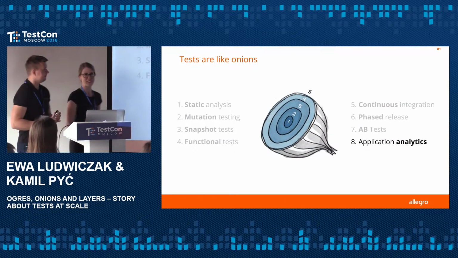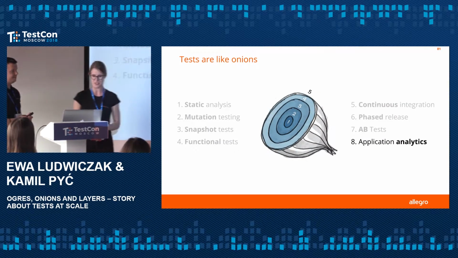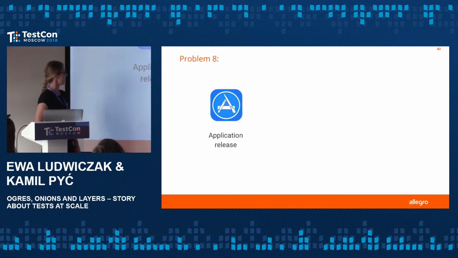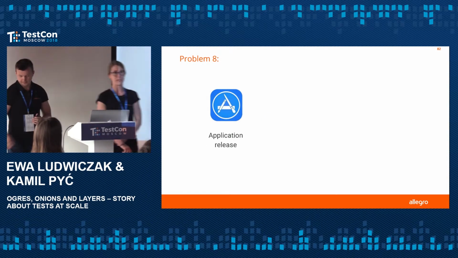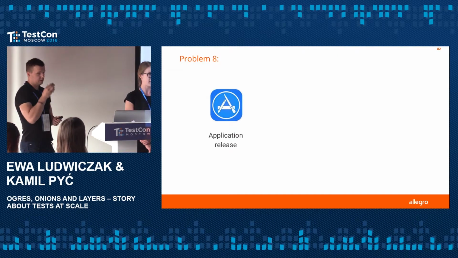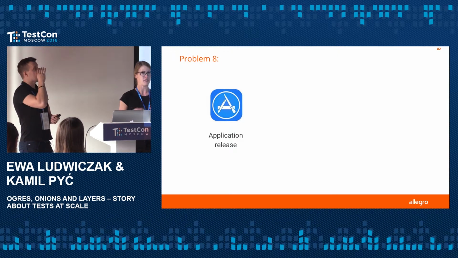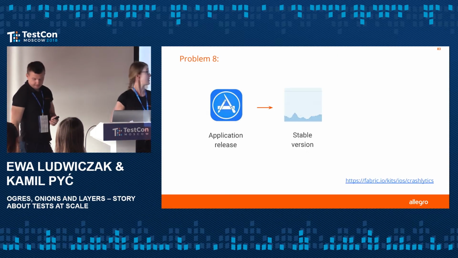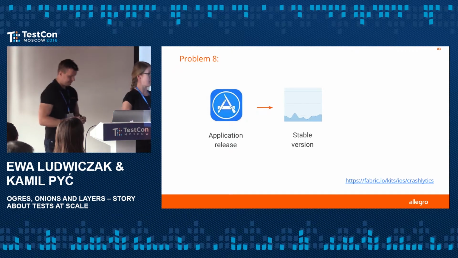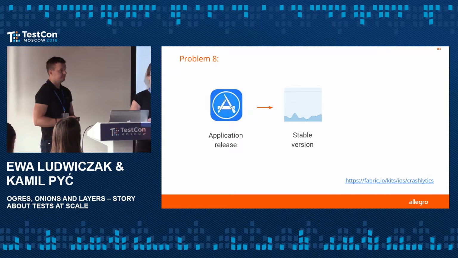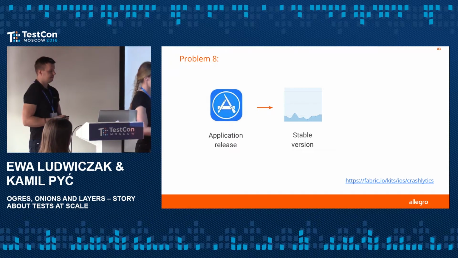Okay, last but not least, let's move to the last layer of our testing onion. Some time ago, we released an app version that contained changes to navigation through product categories. We were quite happy to notice that the version was quite stable. We didn't see any significant number of crashes that we measure with our tool called Crashlytics.